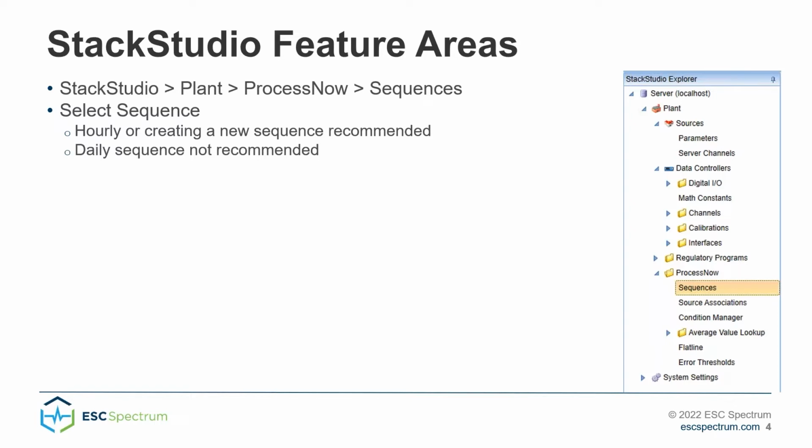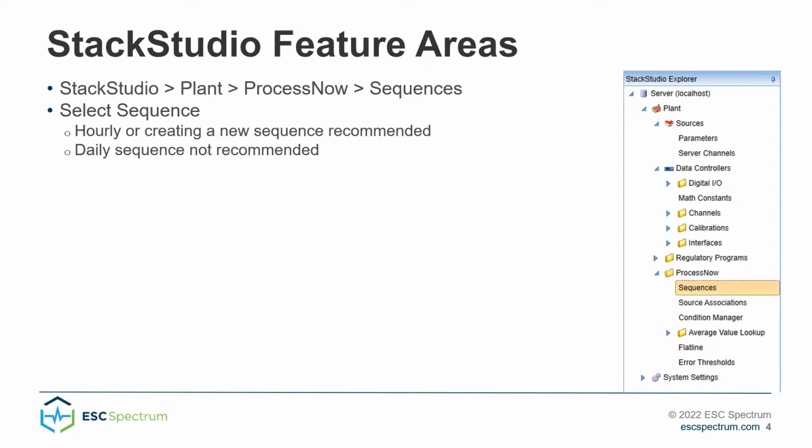The daily sequence for this is not recommended. The reason is because that daily sequence is run over an entire quarter of data every night. So if you're using this tool within the daily sequence, it looks at every minute of data, and it can take quite some time to run.